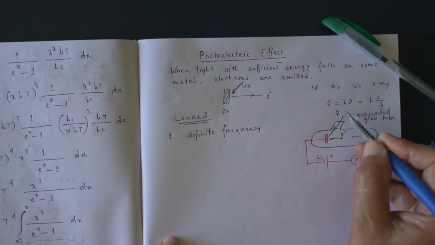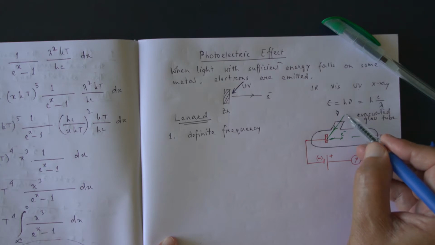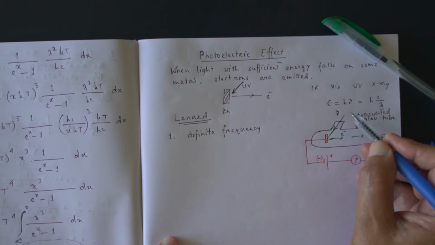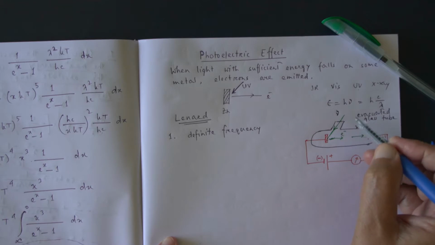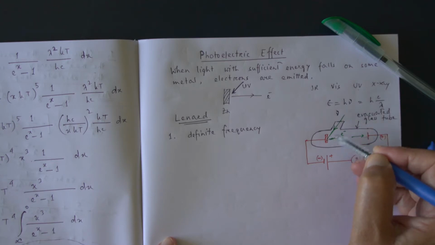Now if you use one bulb, light will be less. If you use two bulbs, same yellow, frequency same, but light will be more. If you use three bulbs, still more light. That means intensity will be more.